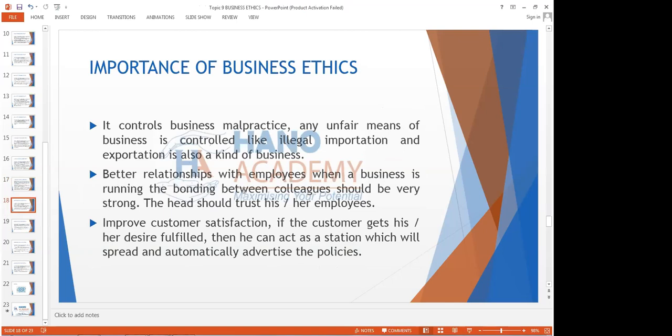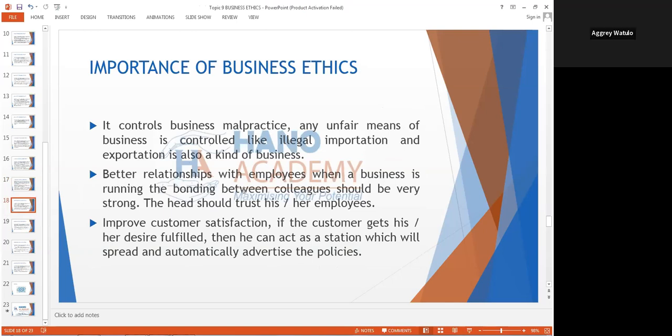So let's look at the importance of business ethics. Why should we have business ethics? Why should we take into consideration the concept of business ethics?